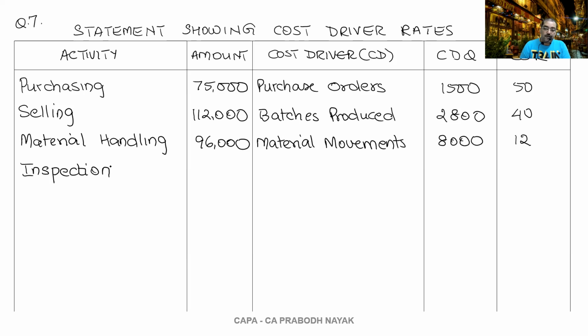Next is inspection. Amount is 70,000. Batches produced. Total cost driver quantity is 2,800. So divide 70,000 by 2,800. It's 25.